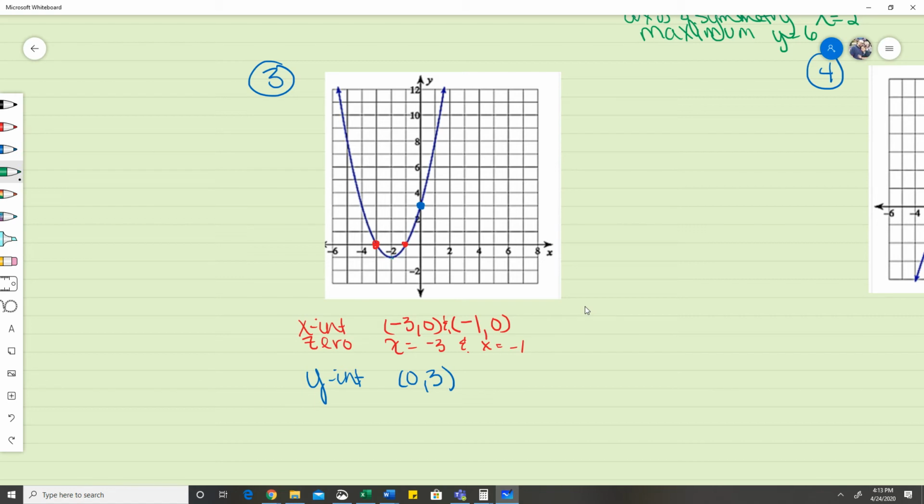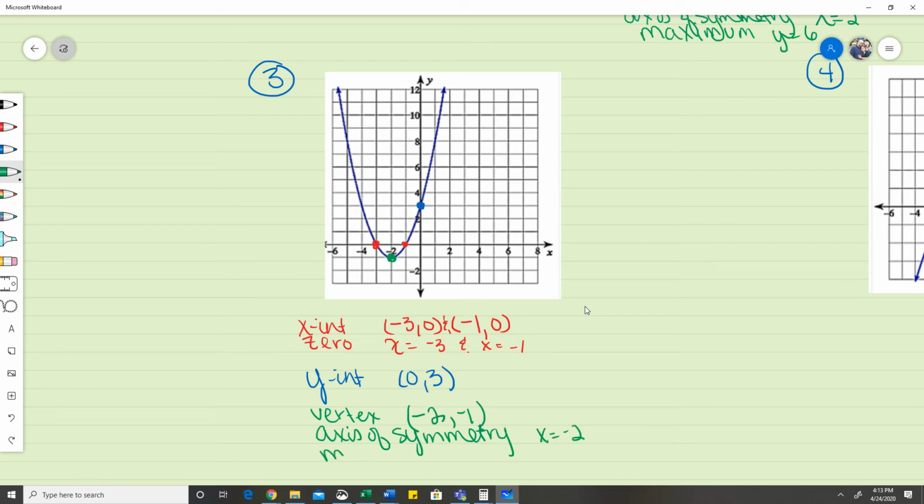Our vertex is at -2, -1. Our axis of symmetry goes through x equals -2.